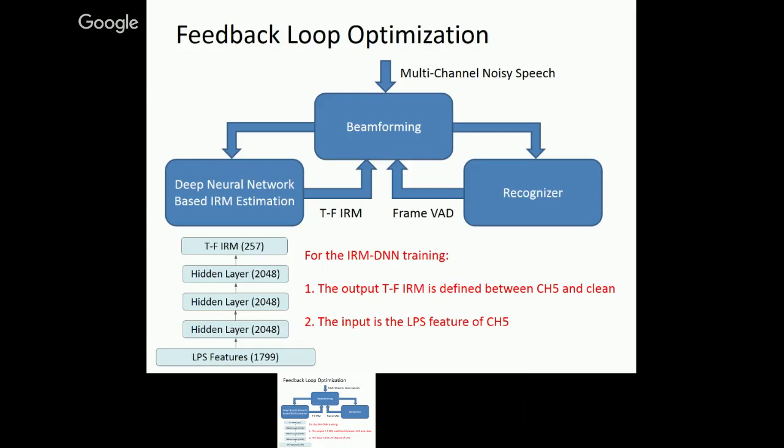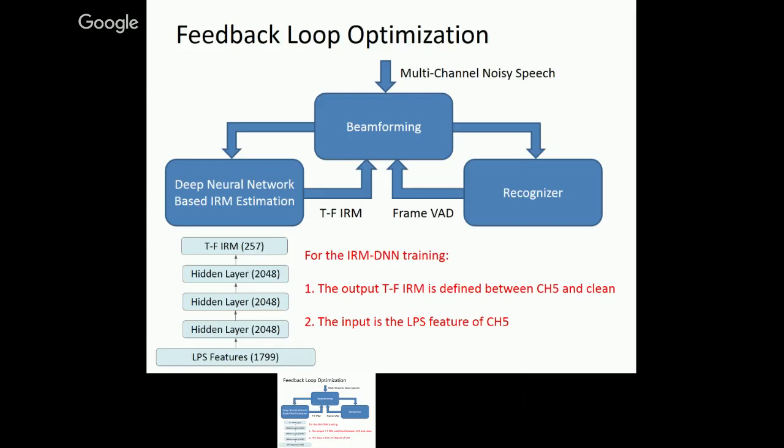Mainly, on the left, we use the DNN-based IRM estimation to estimate the time-frequency unit IRM, and on the right we use the recognizer to perform a segmentation of the noise and the speech segments, and all this information will be sent back to the beamforming to perform a second-pass beamforming. And I will introduce the beamforming later.